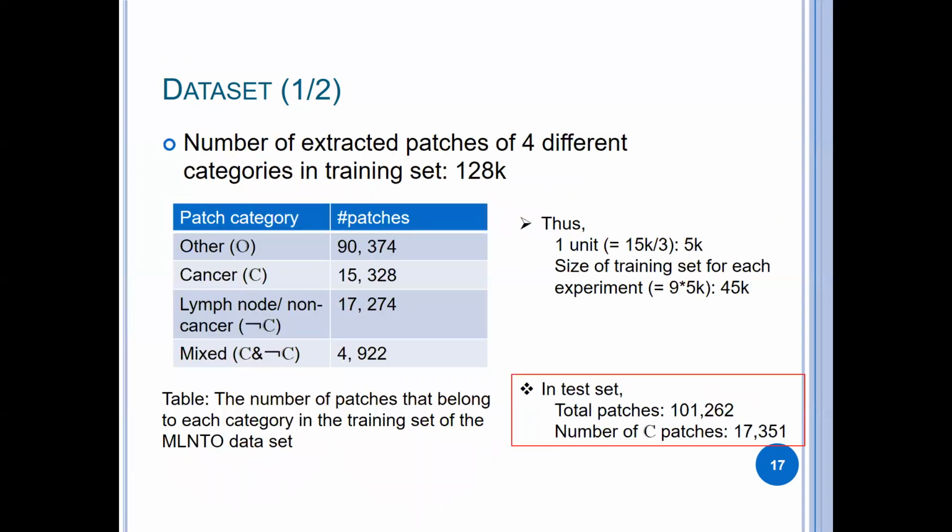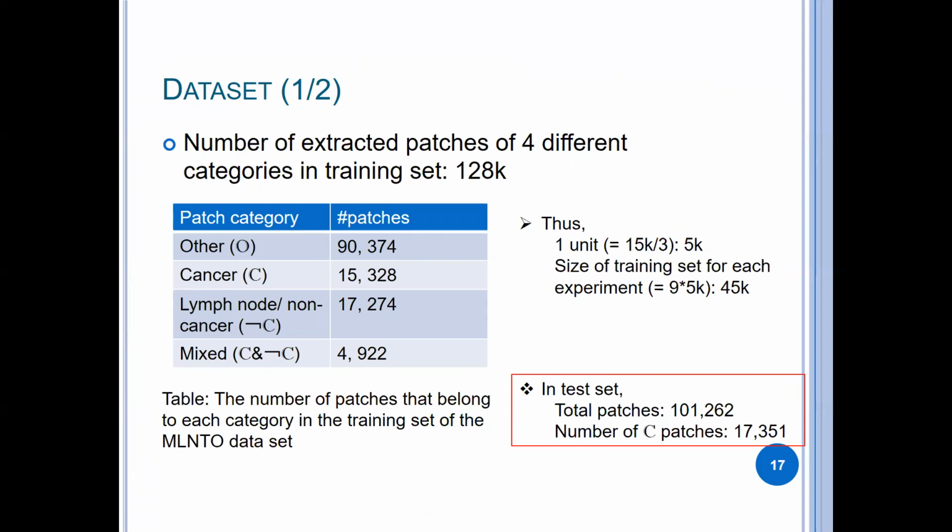In this slide, I present the statistics of the extracted patches from the MLNTU dataset. From its training set, we extract a total of 128K patches, where around 90K belong to non-ROI class O, around 15K belong to cancer class C, 17K belong to non-cancer class not C, and around 5K belong to mixed patches.